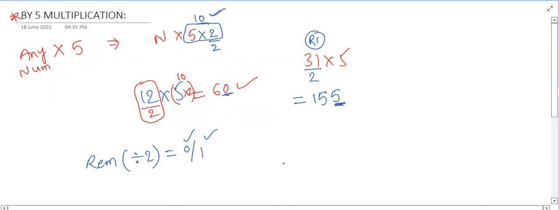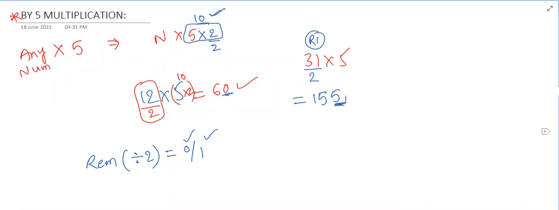Okay, and before that, it is better to learn halving a number, right? Half or halving a number. We will see that first.